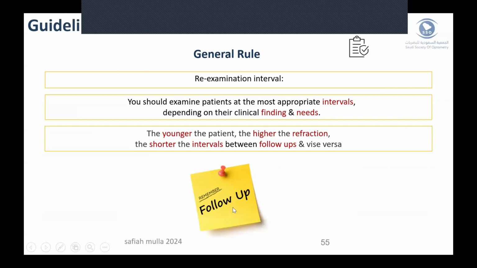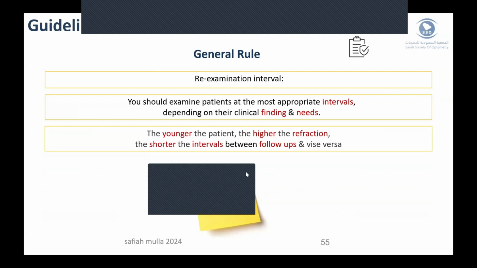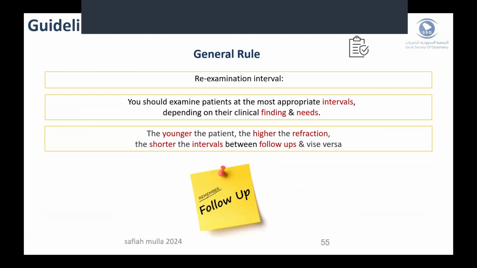The follow-up or the re-examination interval. You should examine patients at the most appropriate interval, depending on their clinical findings and needs. So the follow-up should be parallel with the problem the child has.